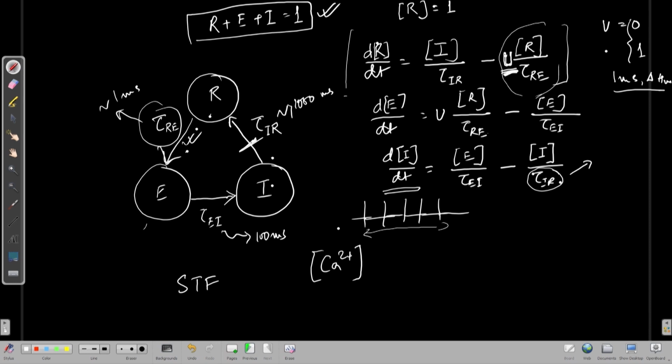There is one more aspect here where this R may be broken up into two pools, and that has its own consequences as well, where R1 is the recovered pool, and then we can have another state that is a readily releasable pool, that is the ones that are only readily releasable, that goes into the effective state.